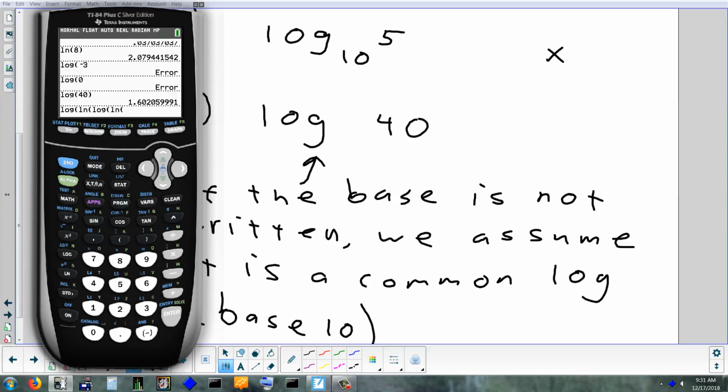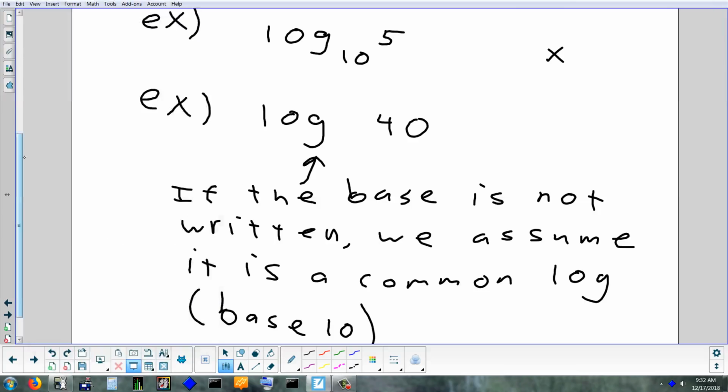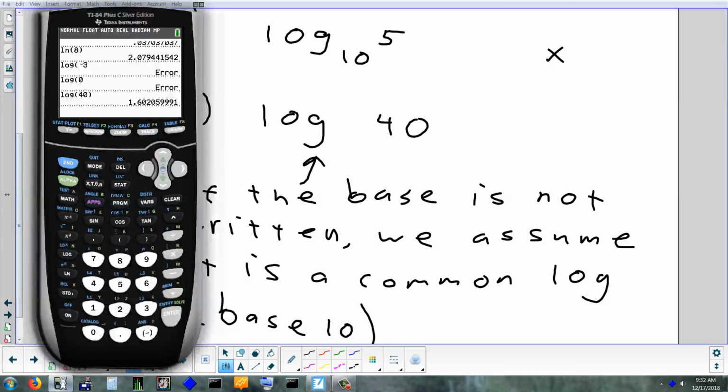What about all the other bases? What if I wanted to do a log and the base was 3? What if the base was 5? Well, they can't put a button for every single base because there's infinitely many. So somehow we've got to use the buttons we have. And we'll learn how to do that at some point. But there is a way to do other bases besides 10 and e. But 10 and e are the ones the calculator has a built-in button for.